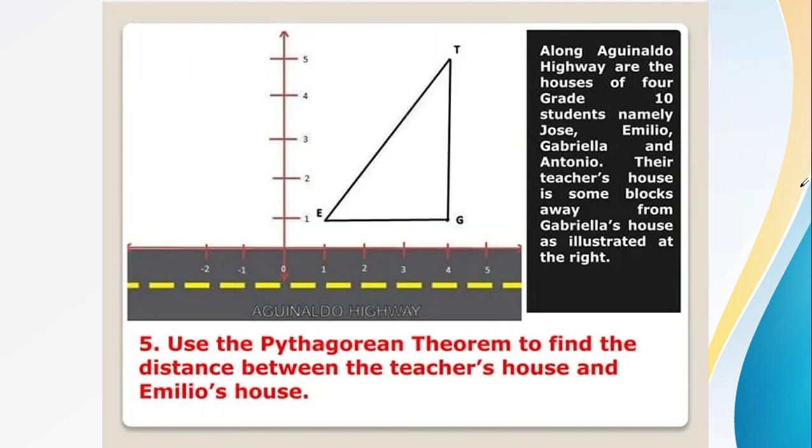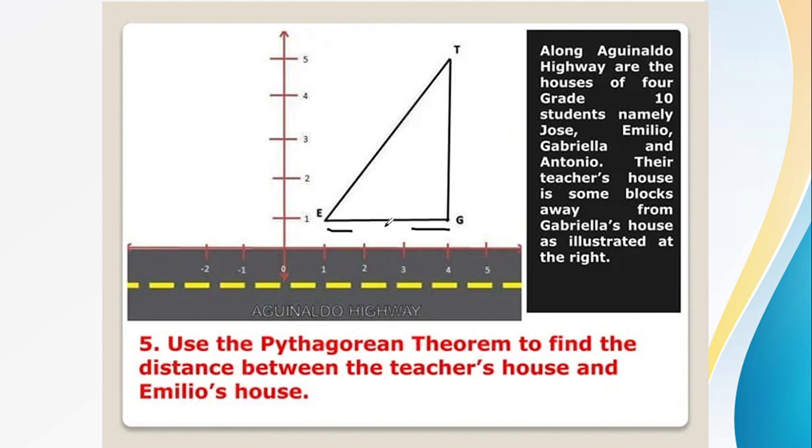Okay. For number 5, using the Pythagorean theorem to find the distance between the teacher's house and Emilio's house. Again, let's find it. This is Emilio's house, this is the teacher's house, and this is Gabriela's house. What is the distance from Emilio's house to Gabriela's house?